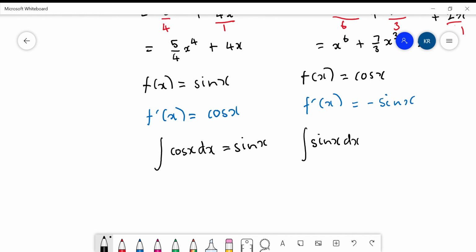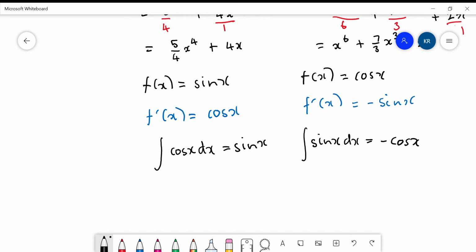So if we're only integrating sine x, the integral of sine x has to be minus cos x. Because think about it. If you differentiate minus cos x, we get minus sine x. And the minuses cancel out and we get sine x.